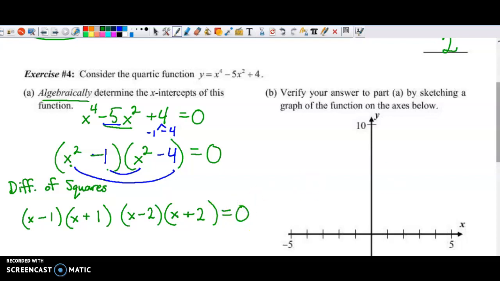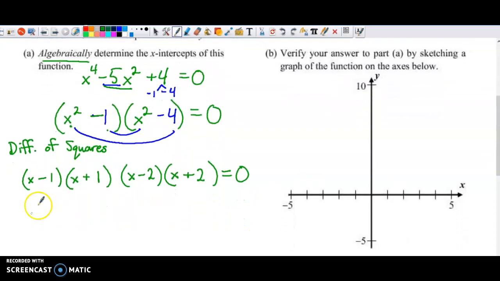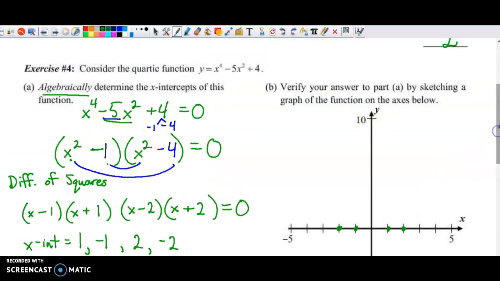So as I'm doing this then, I know that my x-intercepts will be at, the zero product property would say, +1, -1, +2, and -2. And while I'm at it, I might as well even mention that the y-intercept must be at 4.